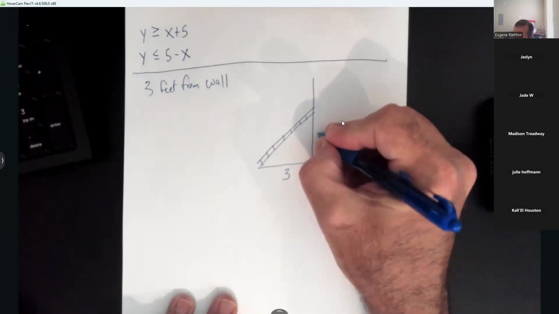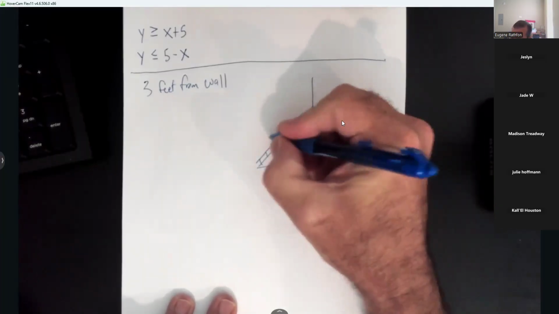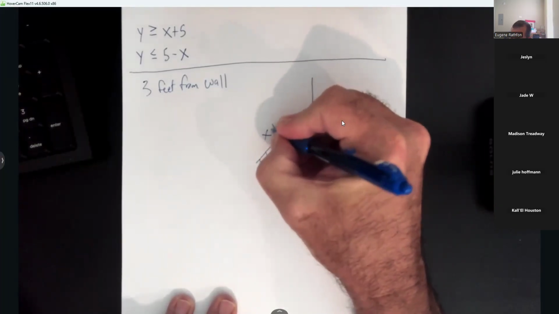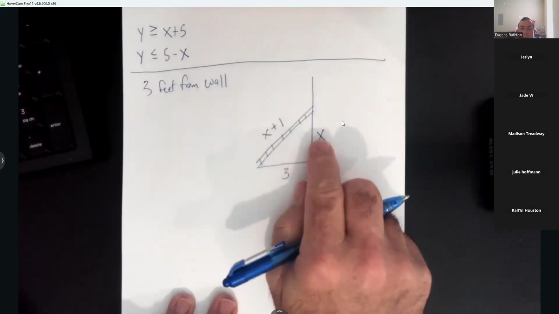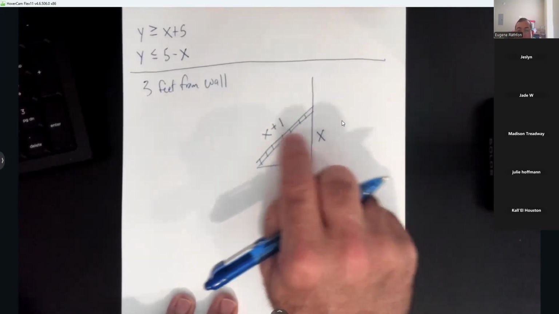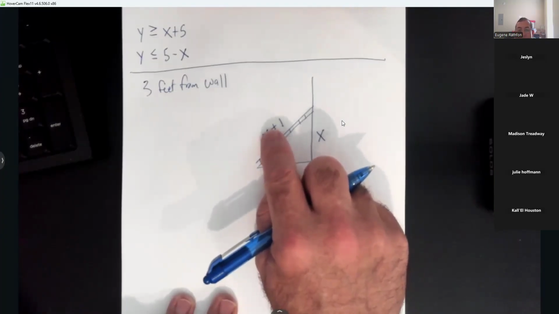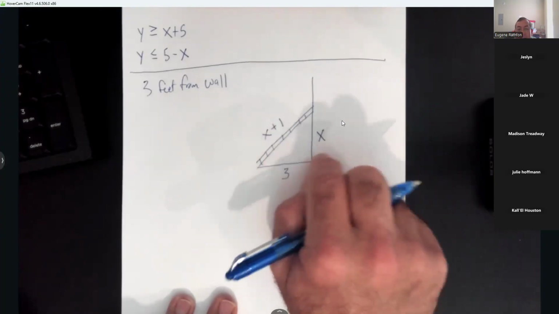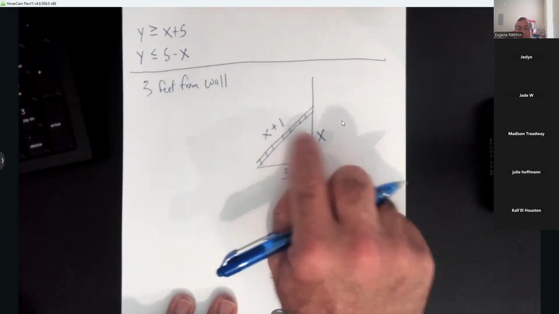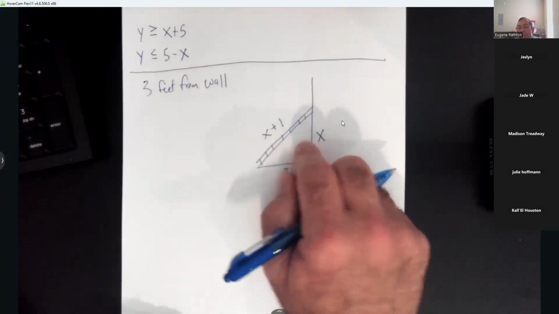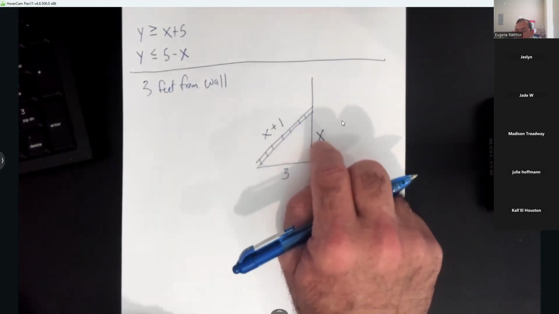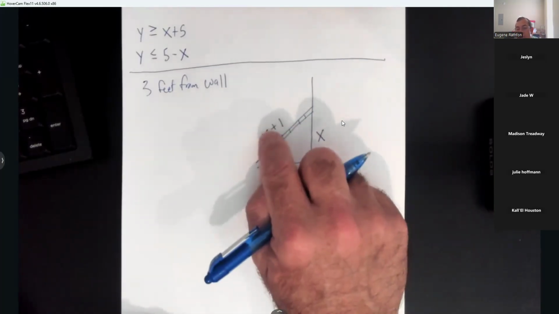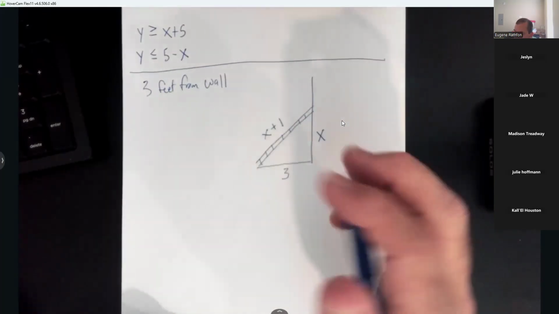So that means if this was x, this ladder would be x plus 1. Consecutive integers. If this was 3, 3 plus 1 would make that 4. If this was 5, 5 plus 1 would make that 6. Consecutive integers are numbers right in a row. So if you don't know what those numbers are, you would use x for one number and then x plus 1 for the other number.